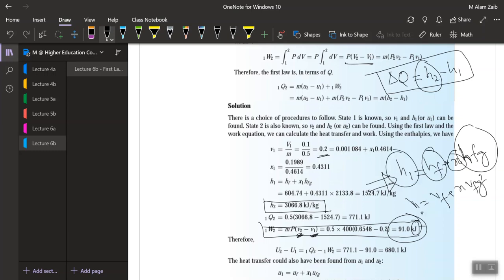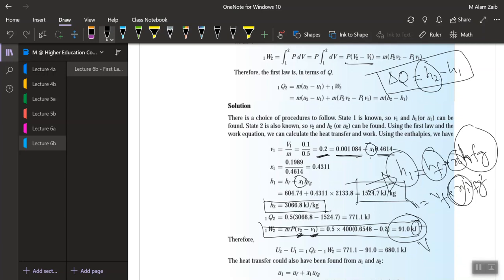In the volume equation, we already have V1, which is 0.2, and VF at 0.4 megapascal, and VFG, which is 0.4614. So we find X from this equation. Putting X in the enthalpy equation, you can find the enthalpy at state 1.